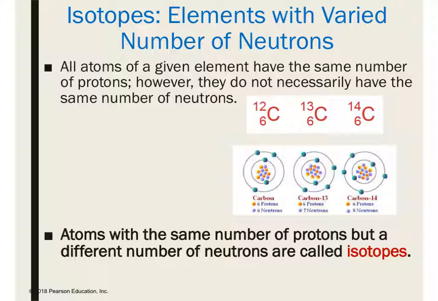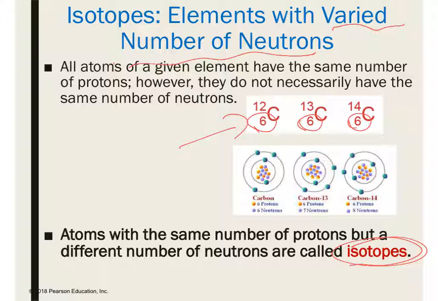As I said before, an atom can have a different number of neutrons and a different number of electrons and still be the same element. But a particular element, let's look at carbon, must always have the same number of protons, which in the case of carbon is 6. Atoms that are the same element but have different numbers of neutrons are called isotopes.